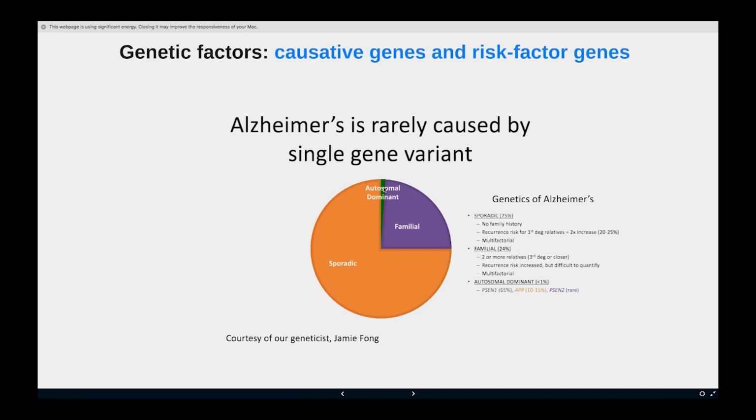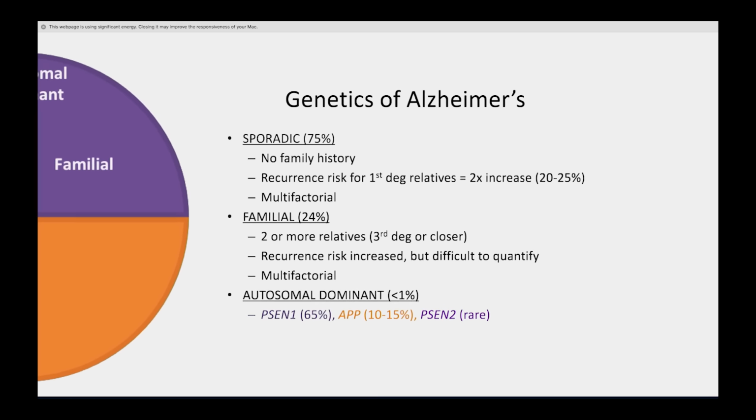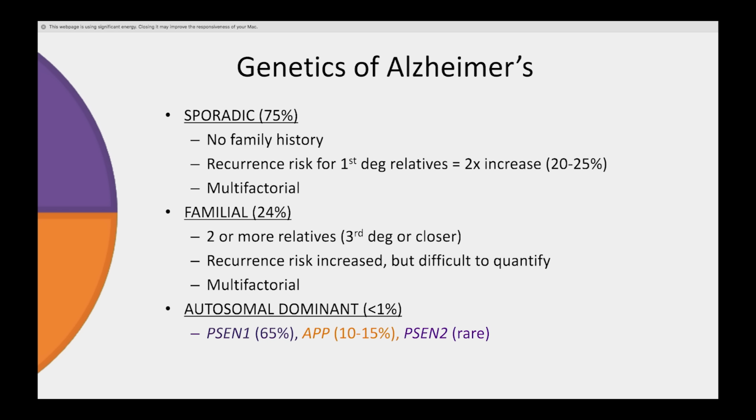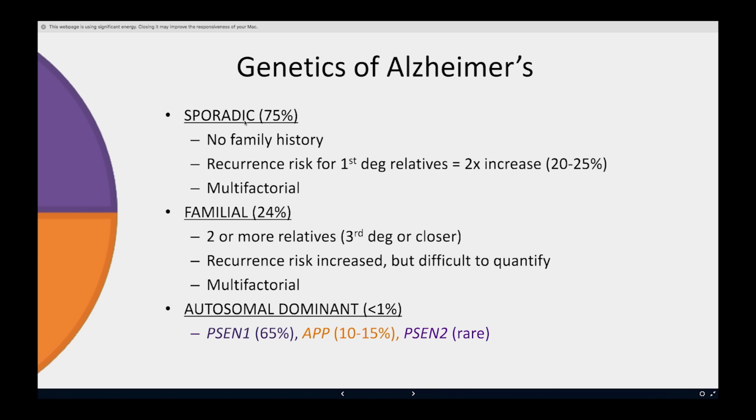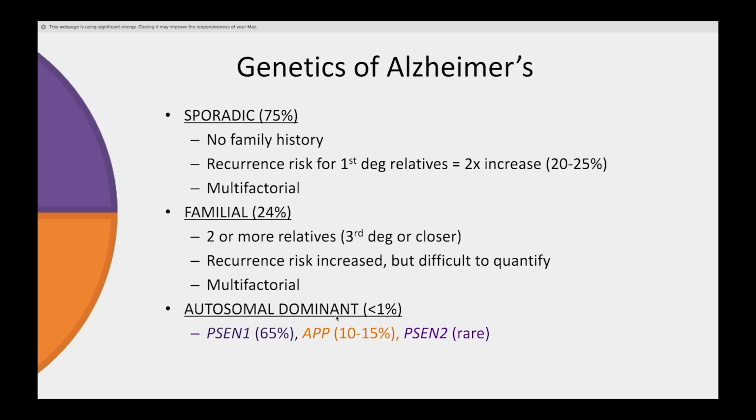These are a very small portion of the pie, in green here. You can barely see it. They are less than 1%. And here you can see the numbers better. So 75% of patients with sporadic, no family history of Alzheimer's disease, 24% of patients with familial, having 2 or more relatives with Alzheimer's disease, and less than 1% of patients have an autosomal dominant, genetically transmitted Alzheimer's disease.